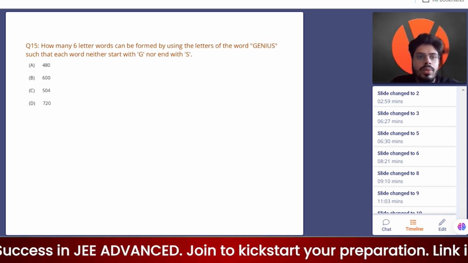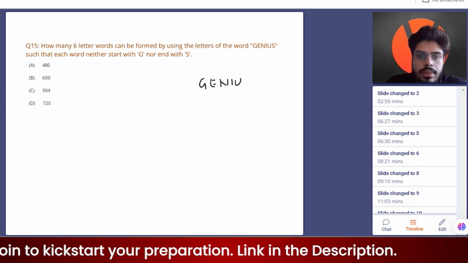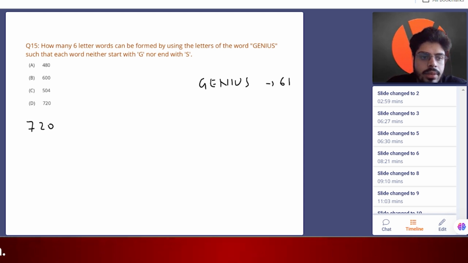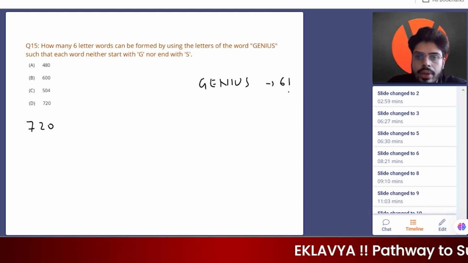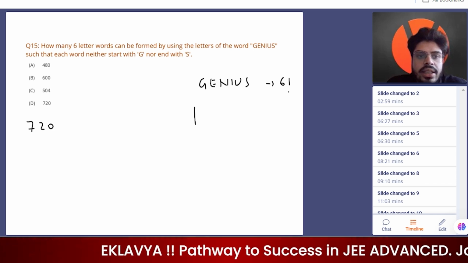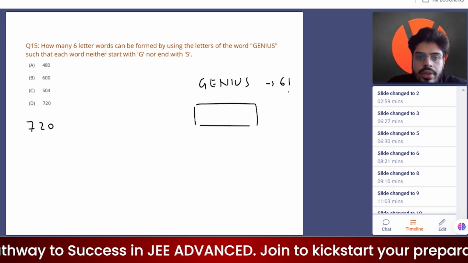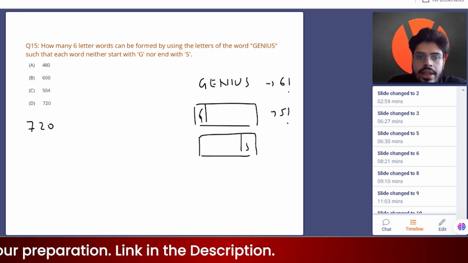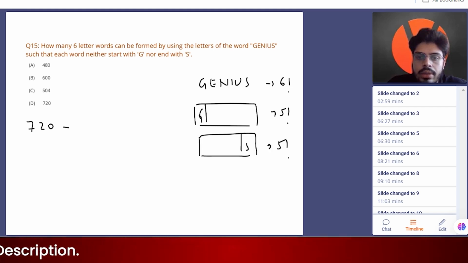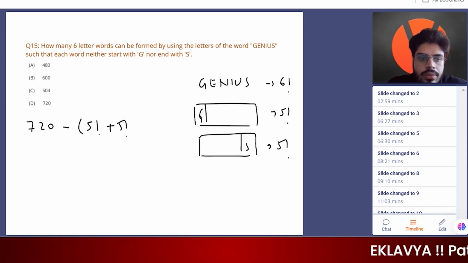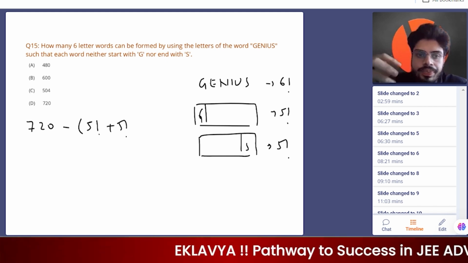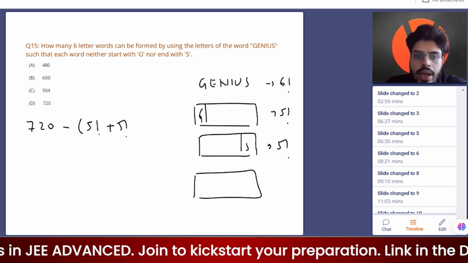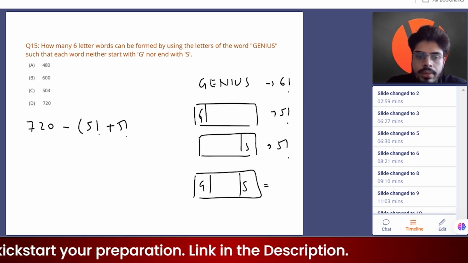How many 6 letter words can be formed using GENIUS? Of course 720 words can be formed in total, 6 factorial, such that neither starts with G nor ends with S. So let us find the words that are starting with G, 5 factorial, and ending with S, again 5 factorial. If I subtract both of these, I have subtracted the words which are starting with G and ending with S twice, so I have to add those back.